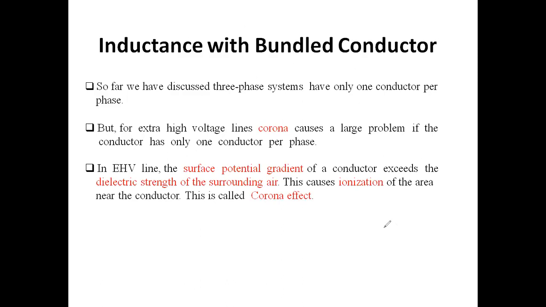So suppose this is your conductor. There you have two conductors. During extra high voltage, the surface potential gradient is very high. Why?